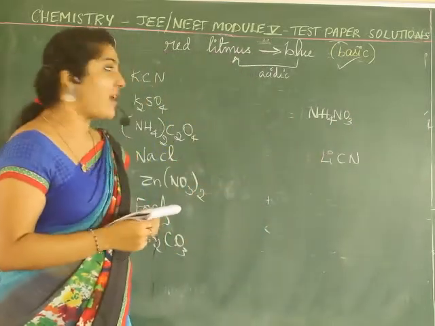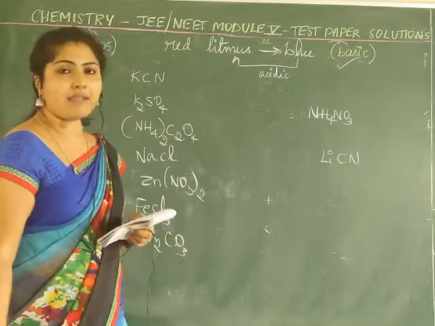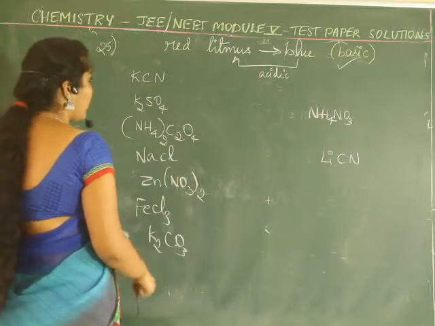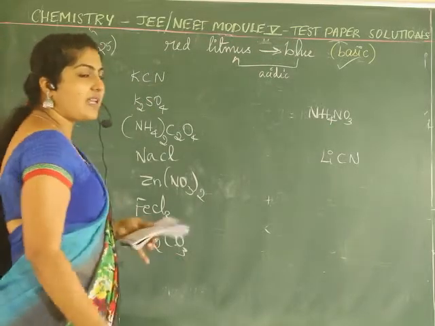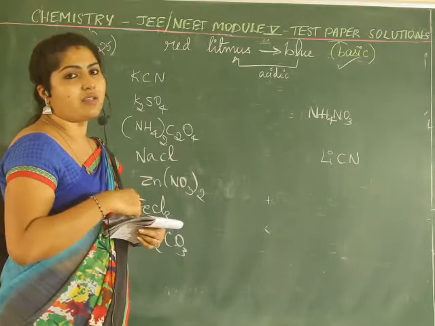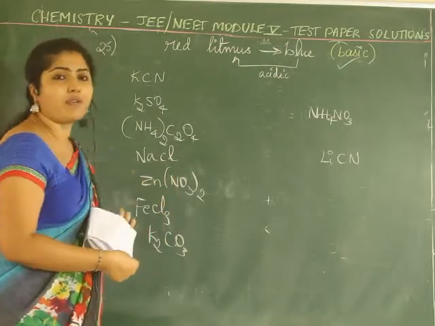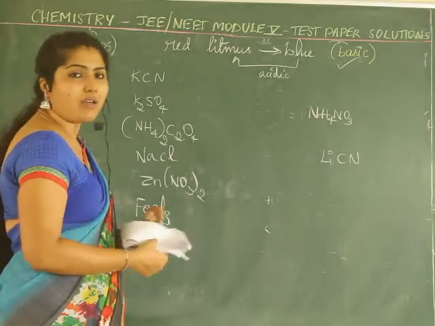From this we have to check which one can give a basic solution when you prepare an aqueous solution. First, let us see how it can dissociate. Otherwise, we can just write what type of solution is formed when you dissolve it in water.